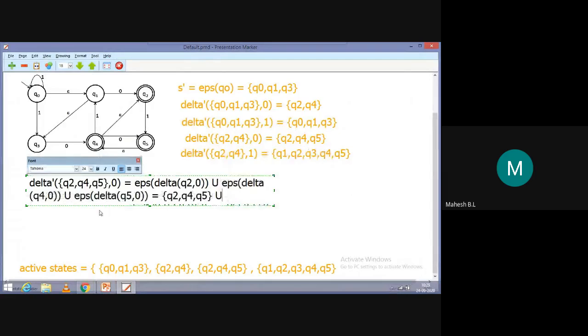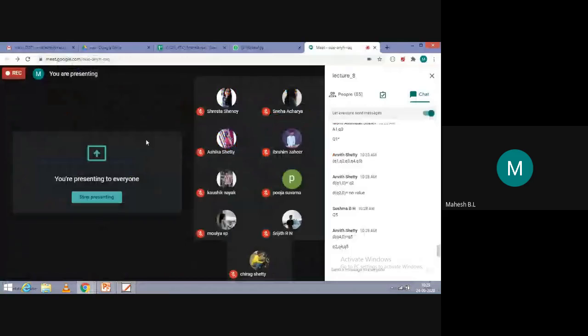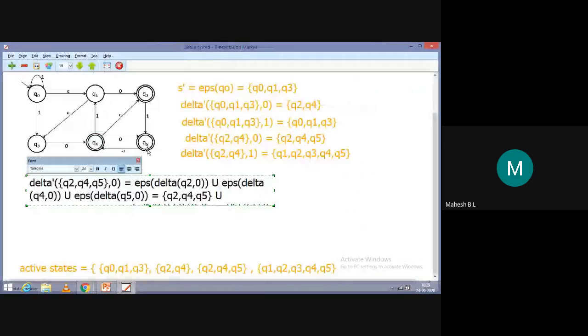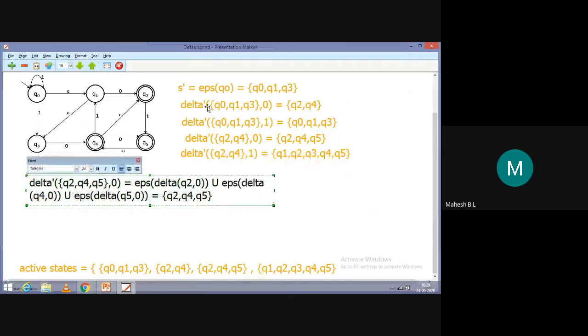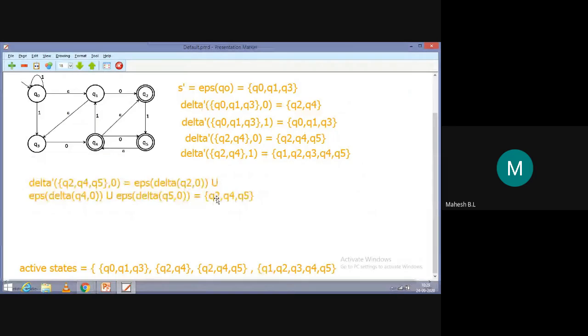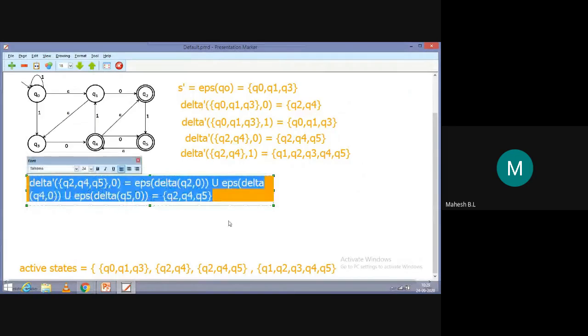Delta of Q5, 0. Is it defined? For Q5 on 0, transition is not defined. That's why that becomes null. So what remains is Q2, Q4, Q5. Q2, Q4, Q5 is already there in the set of active states. That's why you need not add this to the set of active states. So just add this to the set delta dash.